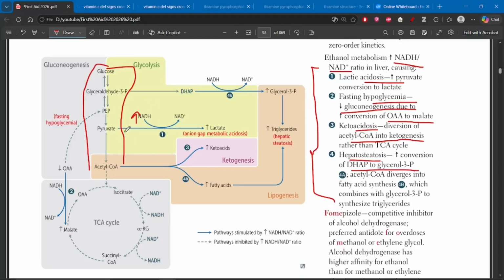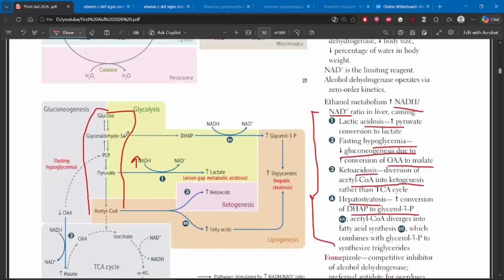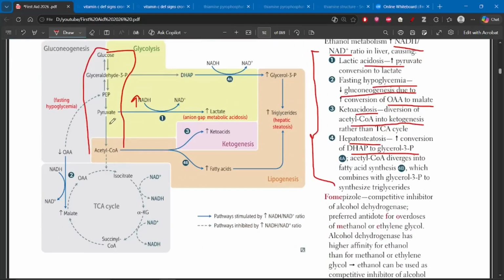So pyruvate is going to get converted into lactate. However, pyruvate should normally get converted into acetyl CoA. This is the normal pathway, because after being formed in glycolysis, pyruvate goes to acetyl CoA, and then acetyl CoA goes to the TCA cycle.